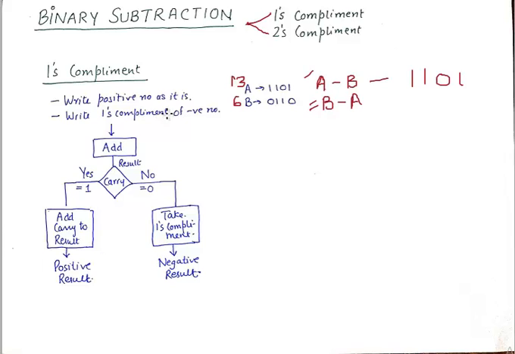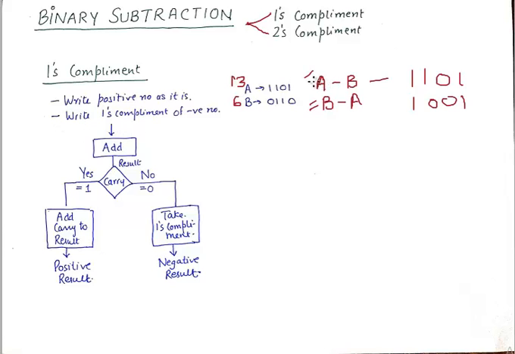And we need to write the negative number as its 1's complement. B, which is our negative number here because B is going to be subtracted from A, has a negative sign. We will write it as its 1's complement, and that is pretty simple: I'll invert all the bits. So two steps are done.